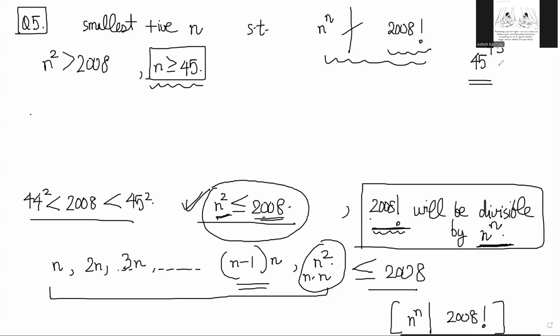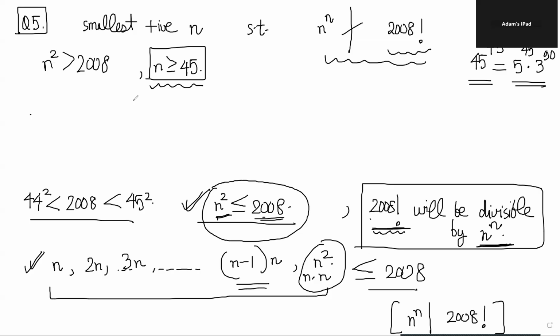45 power 45 is basically 5 power 45 times 3 power 90. When we have a specific number, it's not difficult to check the divisibility. The difficult part was figuring out where to look.